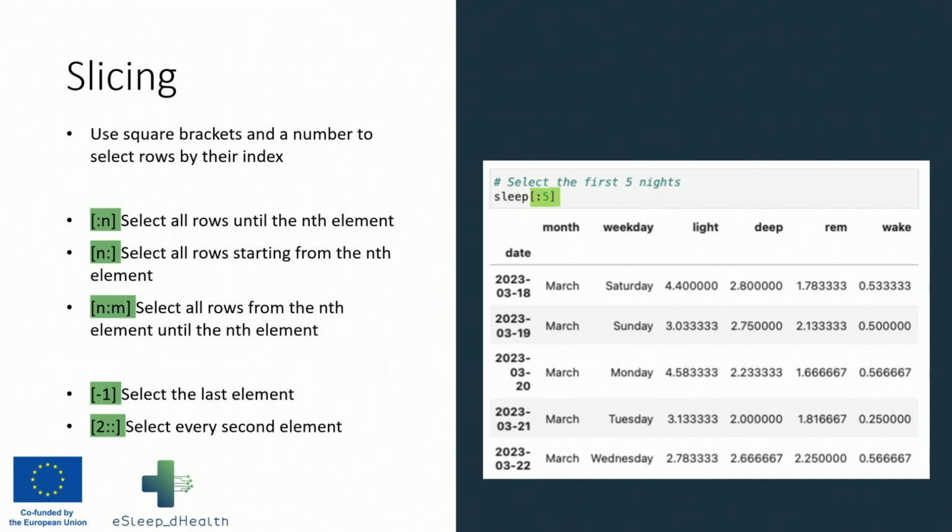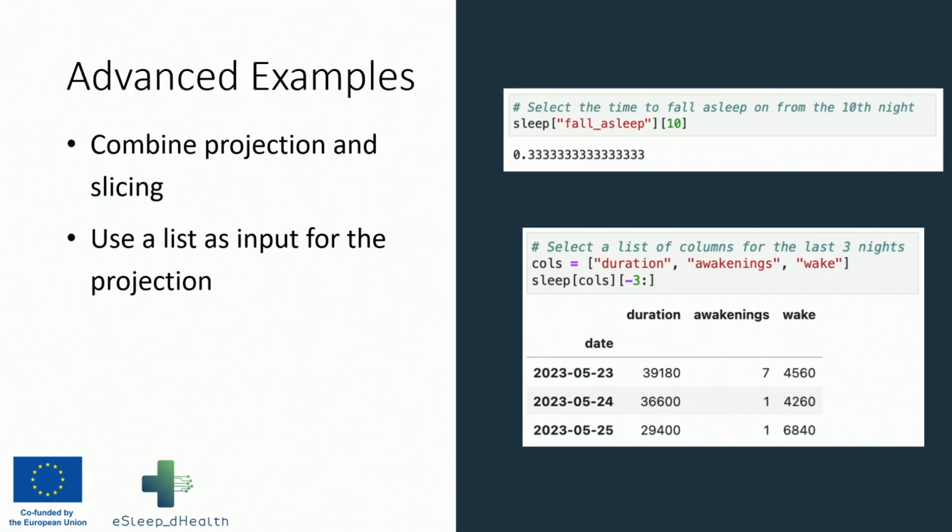And if you do a double colon, that means that you select, in this example, every second element of the data frame. If you would use a 3 there, you would select every third element. Selecting the data by row in this style is called slicing and is very useful. Also, if you just put a single number, for example 5, then you would just get the 5th element of this data frame.